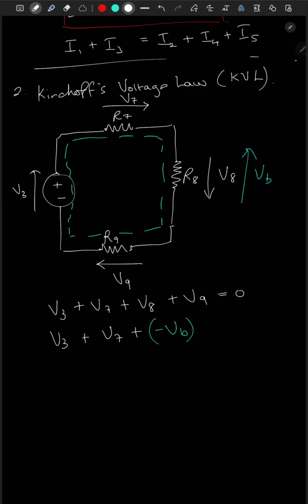So minus VB plus the others. This will give you 0. The sum of all the voltages is 0. Okay, so this one is for the VB.